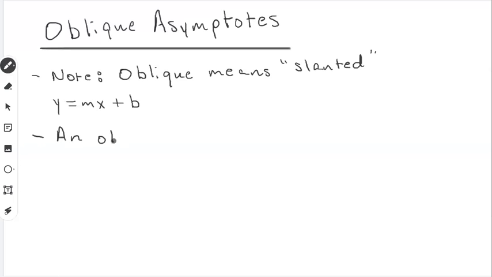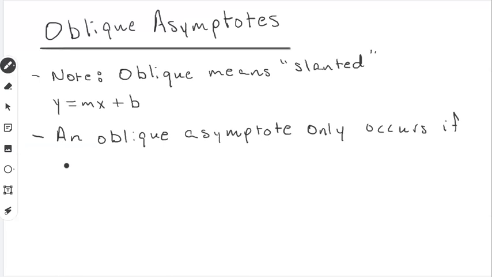An oblique asymptote only occurs if the degree of a of x is equal to 1 plus the degree of b of x. So this is a very hard and fast stipulation, right?